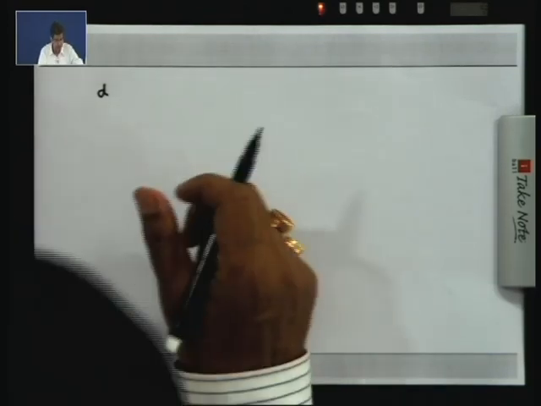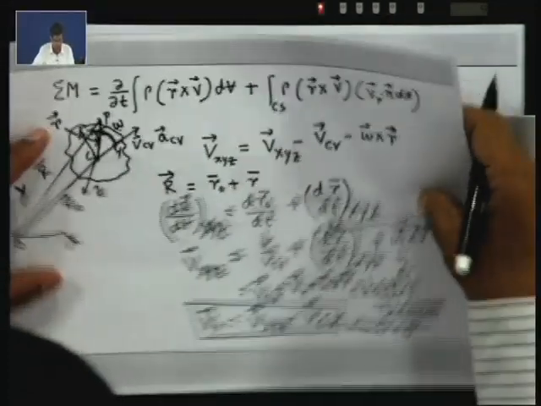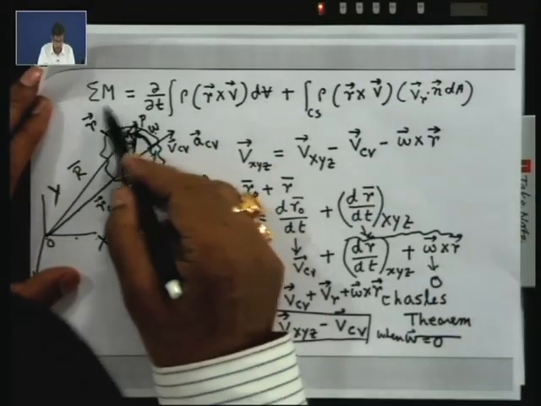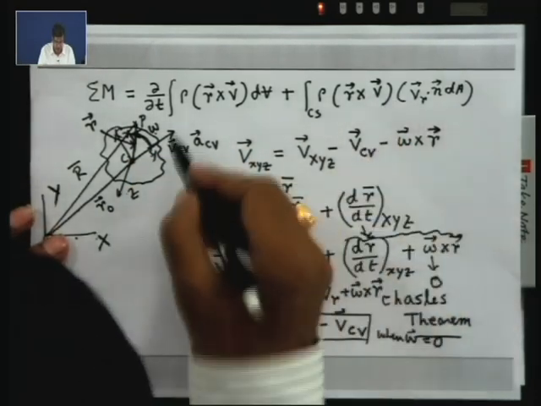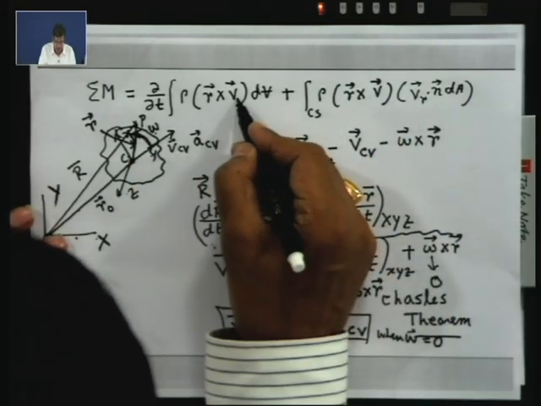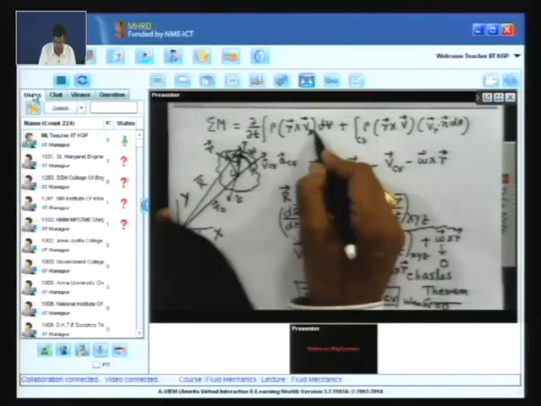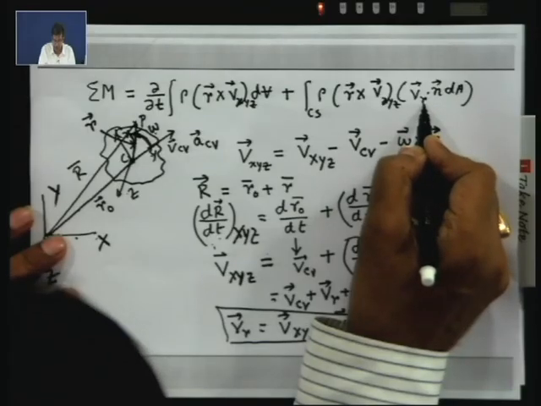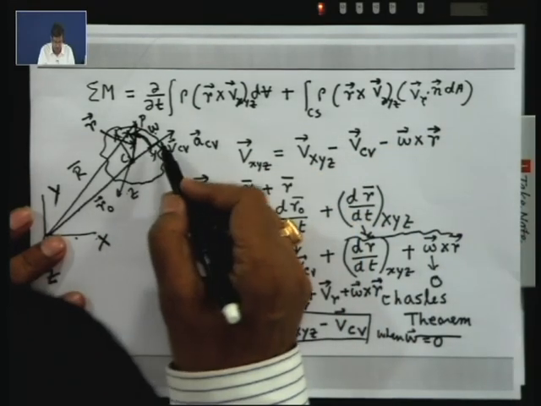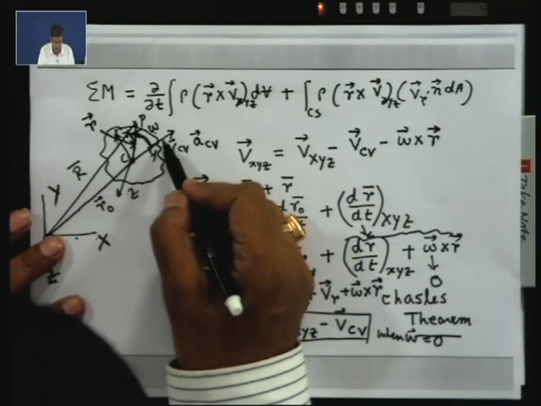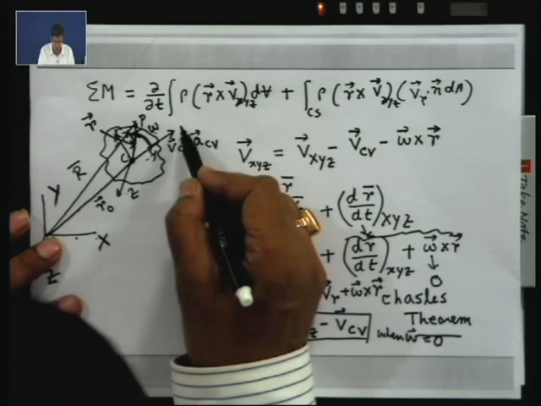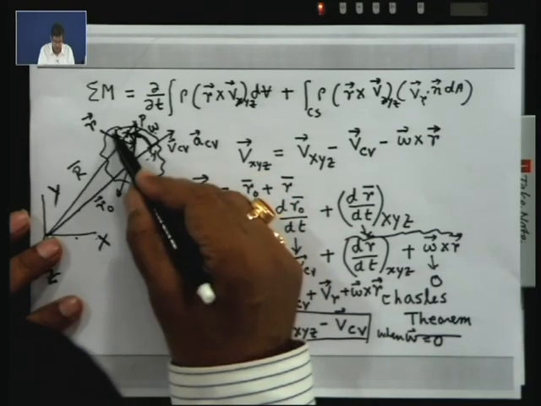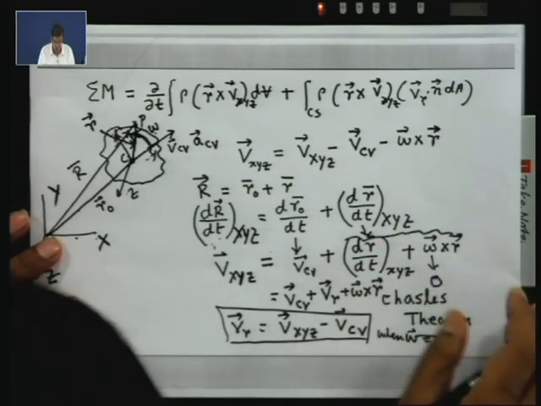Now I will express this equation in terms of small xyz, which means with respect to the axis which is rotating and also has a linear acceleration, that is, with respect to the control volume, which we call V_R.